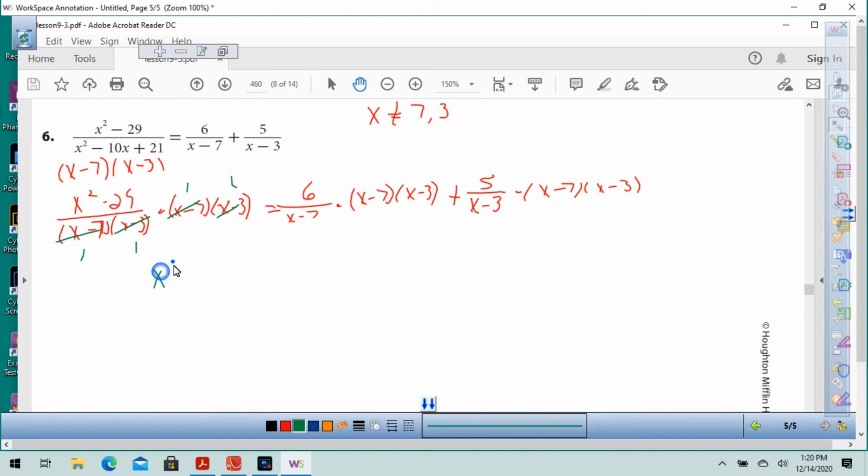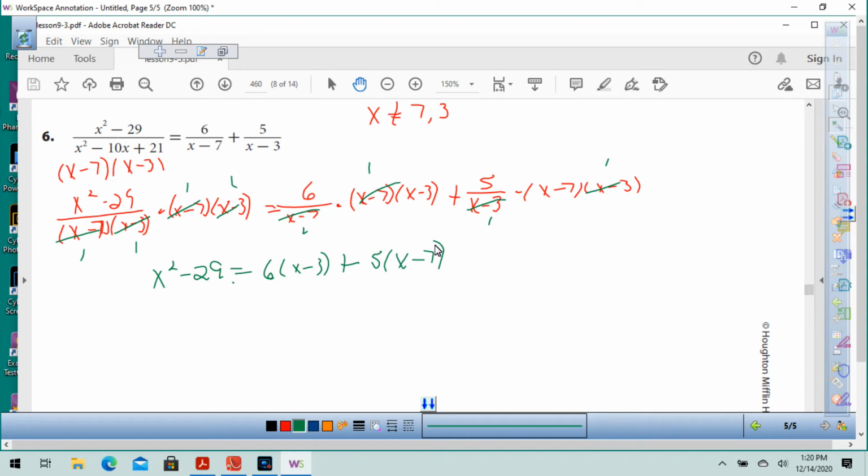So I have x squared minus 29 equals, and then x minus 7 here, and x minus 7 here, so I have 6 times x minus 3 plus, these cancel out, and I have 5 times x minus 7.